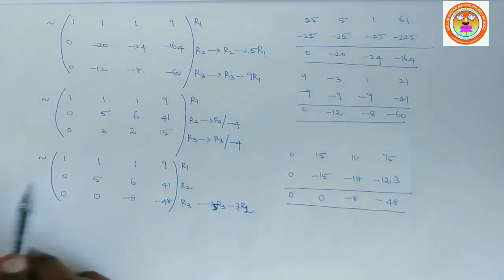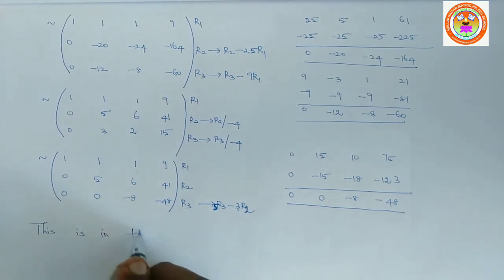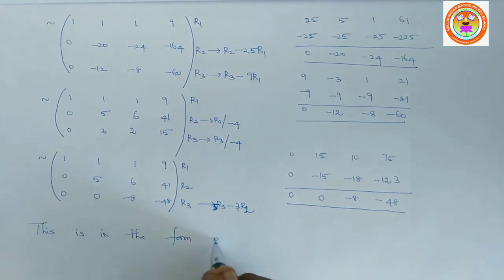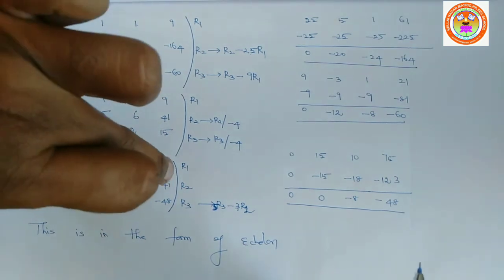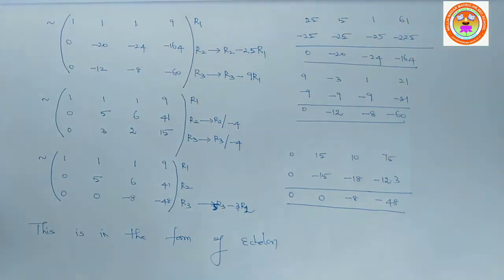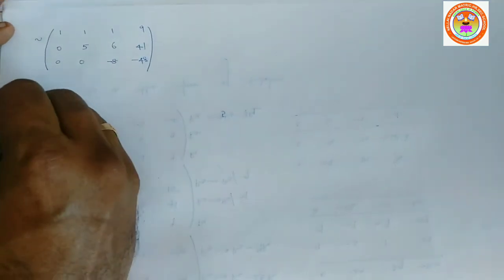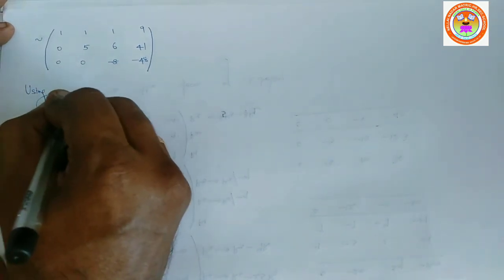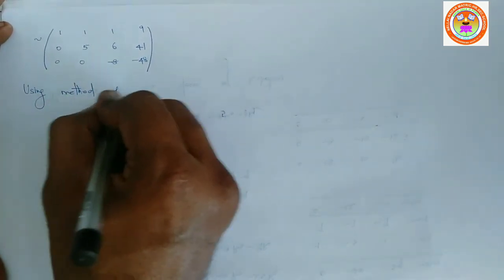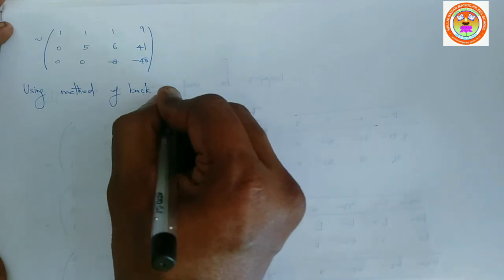So see, this is in the echelon form. Now I need to use the method of back substitution. So I will write this matrix form on another page using the method of back substitution.